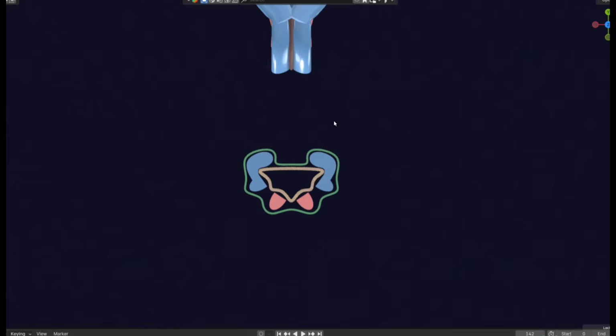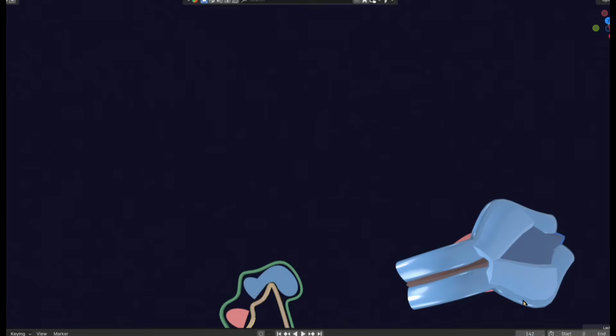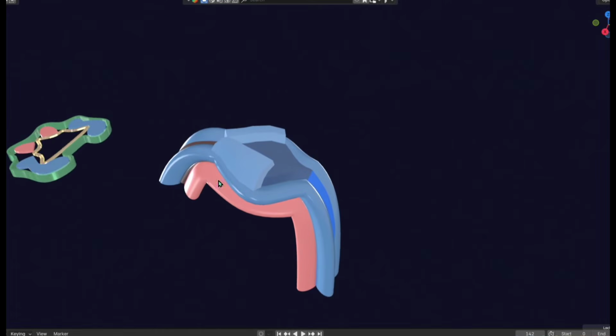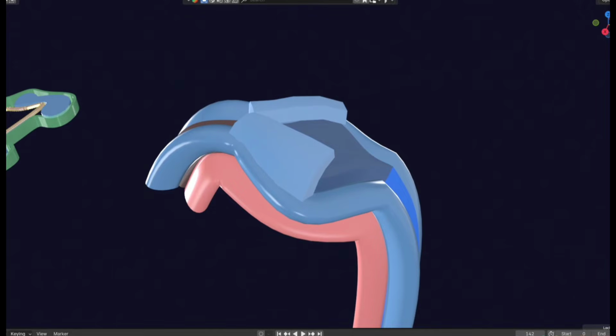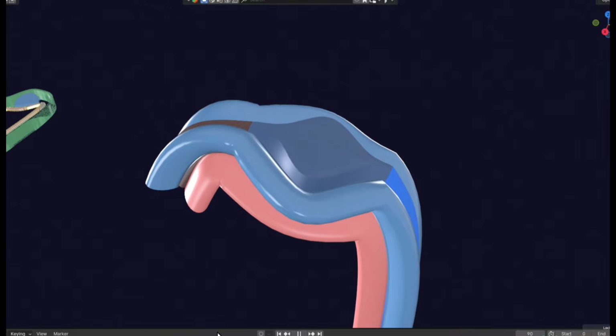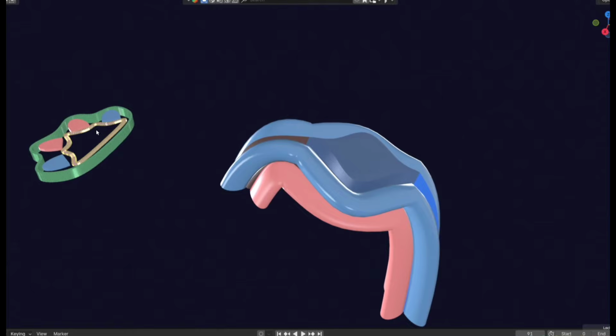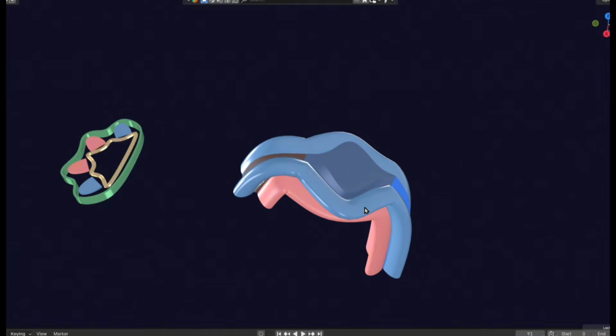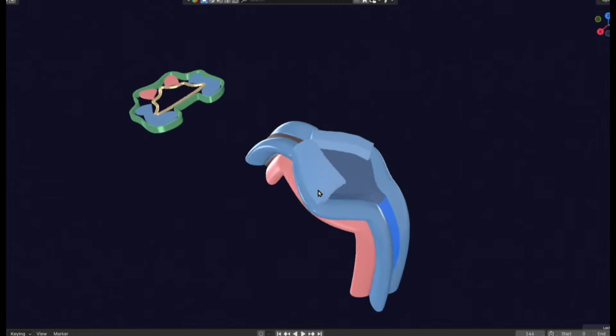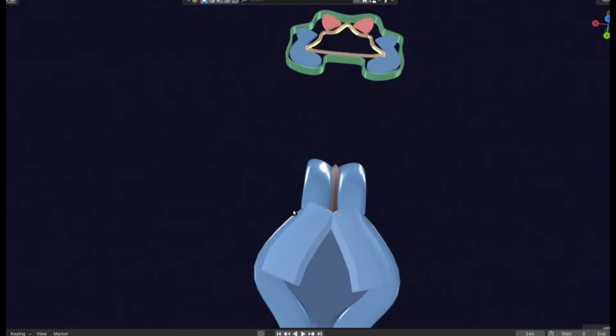If you want to see them on the 3D model, here is the 3D model. Of course the pia mater has been removed in this model. Let's watch the animation again. You can correlate the model as well as the cross section in this diagram. So you see, this is the rhombic lip.